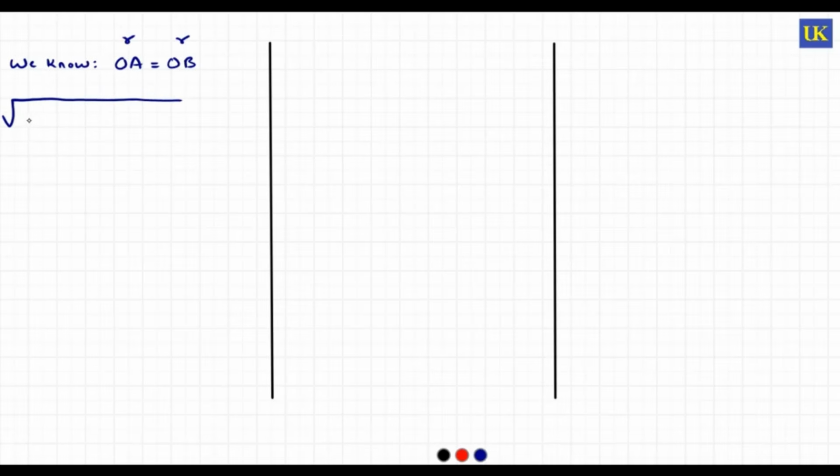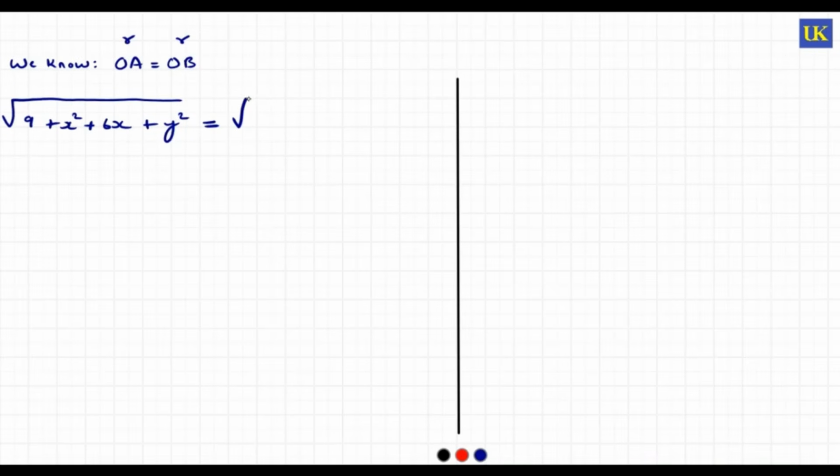So OA is how much? 9 plus x square plus 6x plus 6x plus y square is equal to, I'll write the value of OB.